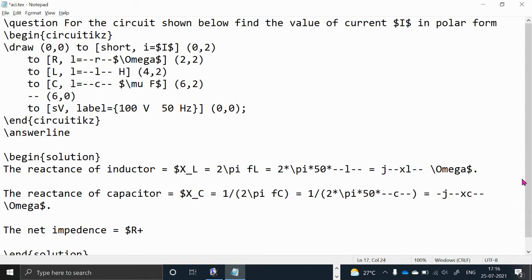Z equals R plus j into (X_L minus X_C), which equals R plus j XL minus XC, which equals R plus XN.